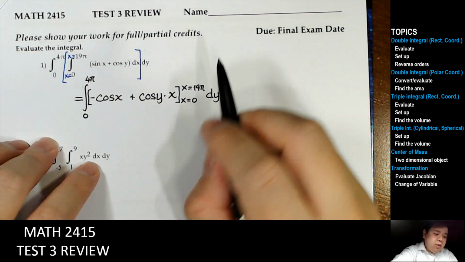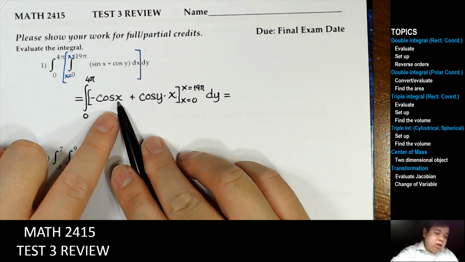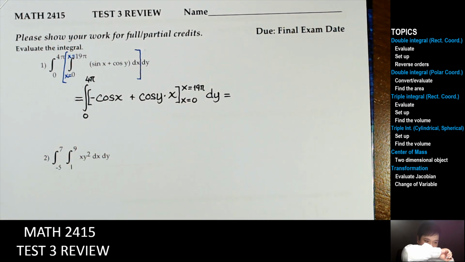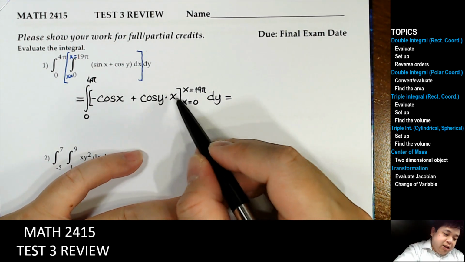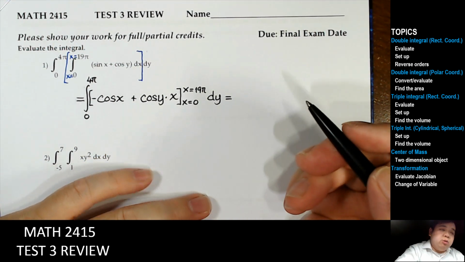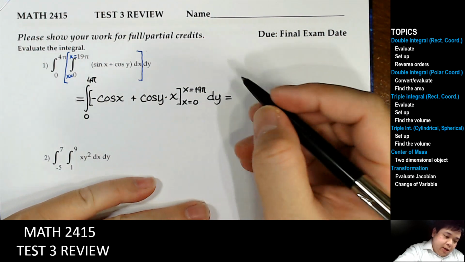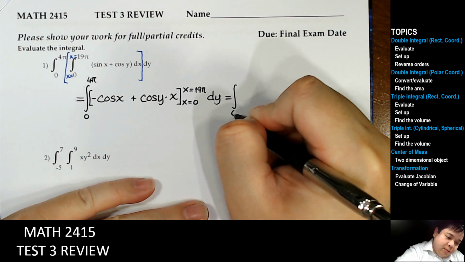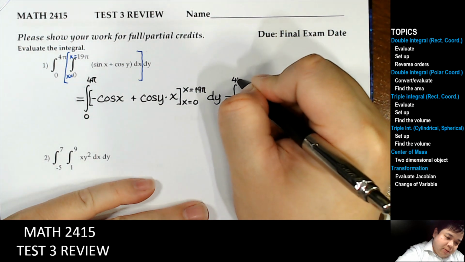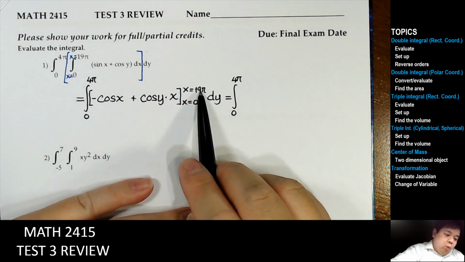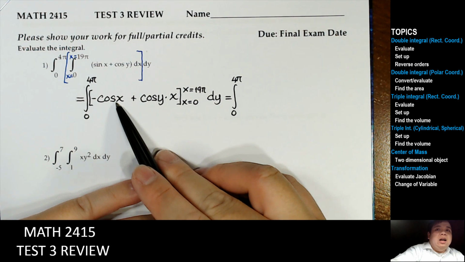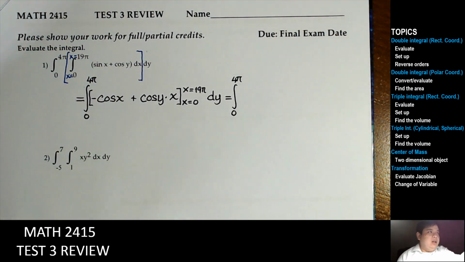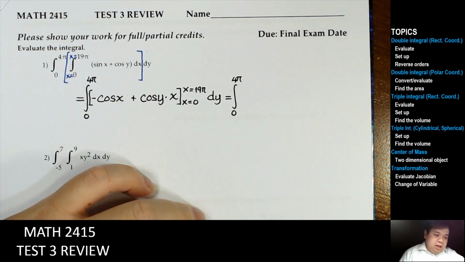So inside out, with respect to x, y is a constant. So we're going to put 19 pi into x, and then 0 into x. When we put 19 pi in here, cosine of 19 pi is like cosine of pi, and cosine of pi is negative 1.